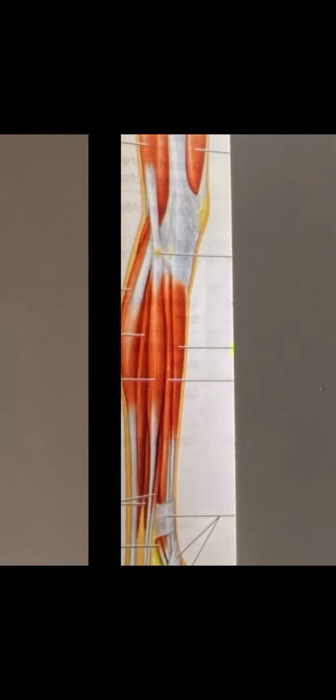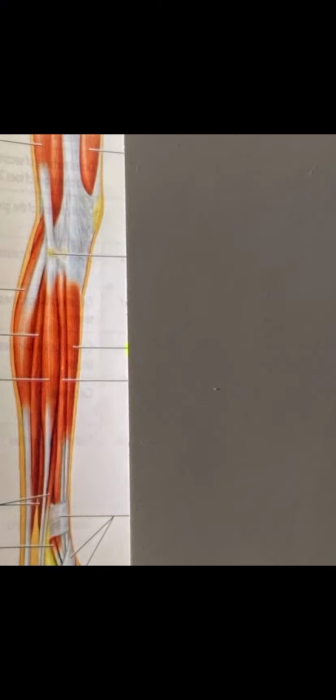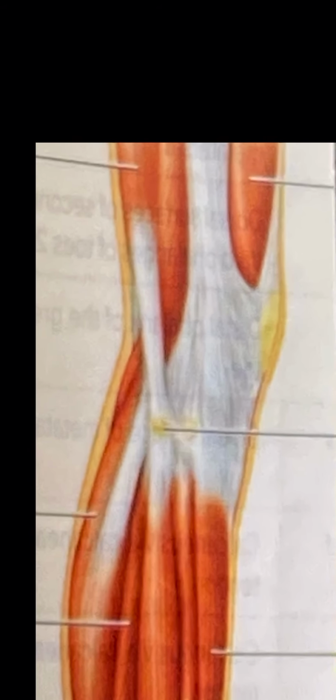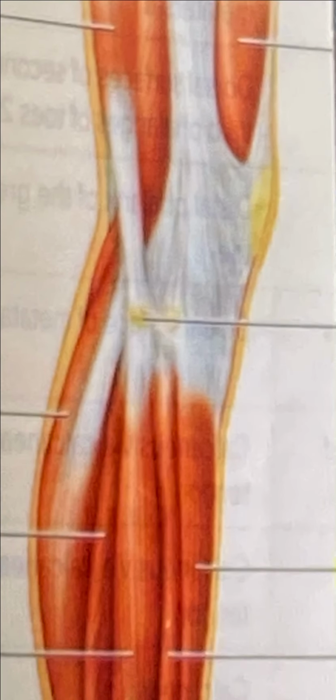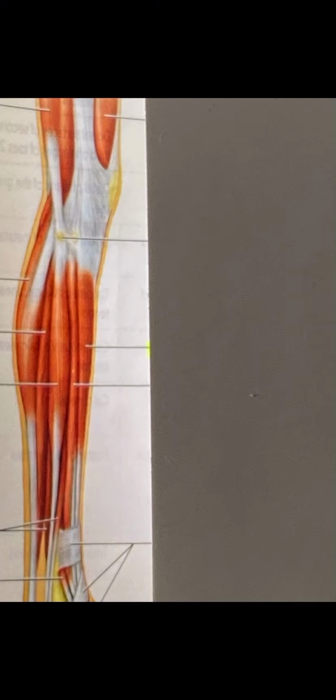And then for the next slide, you can see the biceps femoris, which is right here at the top, the outer muscle. It's towards the back of the leg. Then the gastrocnemius, which is the back of the knee, kind of going down the calf.